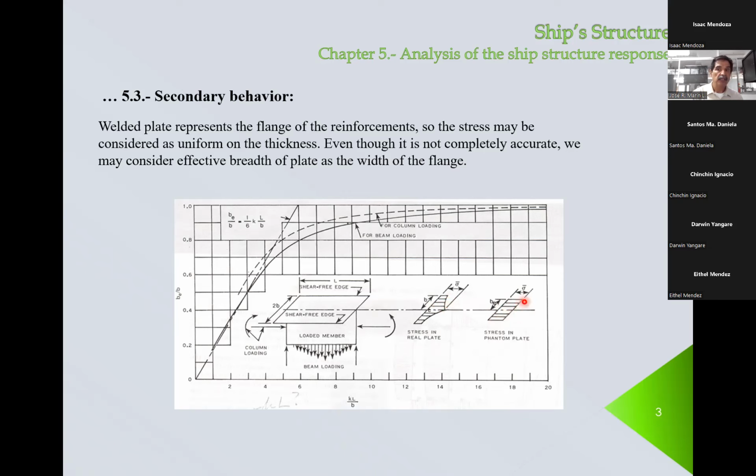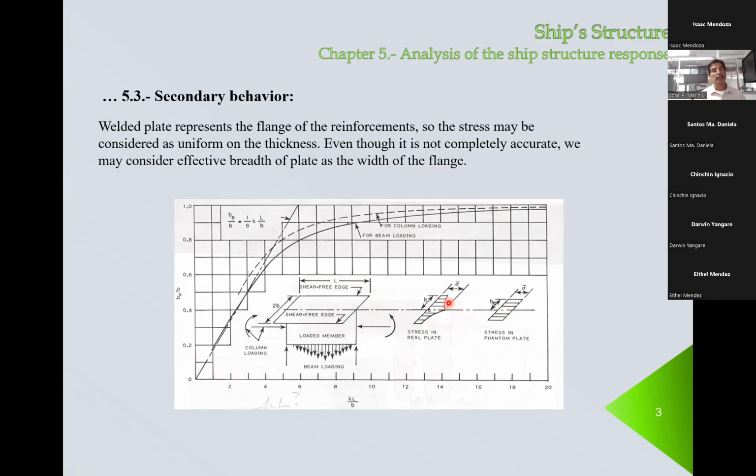Since you are considering this is uniform, you are increasing the force. So what you do is you reduce, instead of B, you reduce the width of the flange. That means that BE is a little bit smaller than B. And this ratio, BE over B, is what we call the effectiveness of the plating.